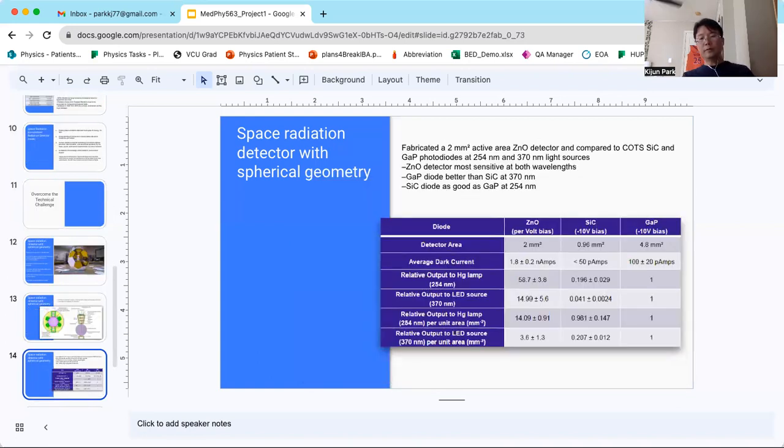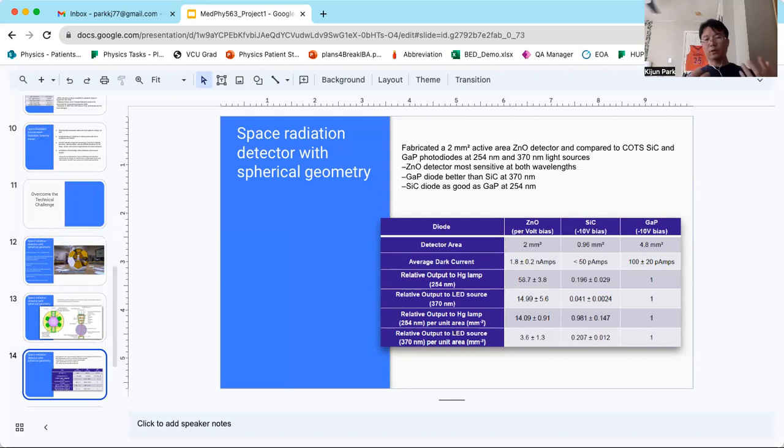There are different types of diode detectors, using zinc oxide basis, silicon basis or gallium basis. It is a small detector, but they are trying to pick up better performance in terms of relative output factor.